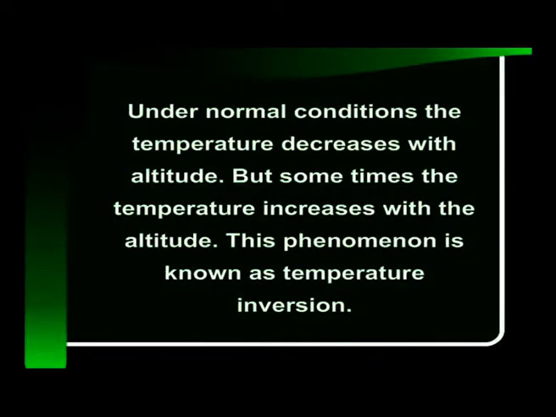Continents and oceans influence not only the horizontal distribution, but also the vertical distribution. Under normal conditions, the temperature decreases with altitude, but sometimes the temperature increases with altitude. This phenomenon is known as temperature inversion.